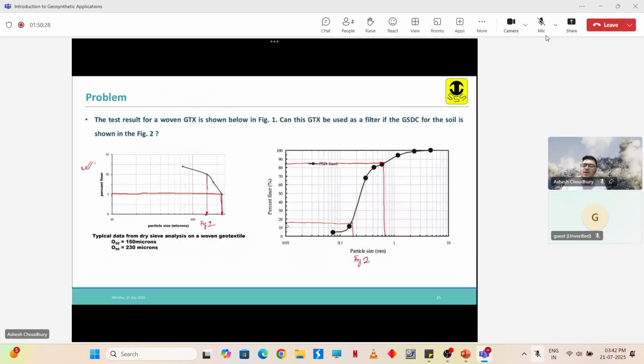Okay, so O90 is 150 microns means what? When you use 150 micron size beads and you sieve them on the geotextile, you see that 90% of, say, 100 grams of 150 micron beads you are using, and then you are sieving it over a geotextile, 90 grams of 150 micron gets retained over the geotextile, and 10 grams will pass through.